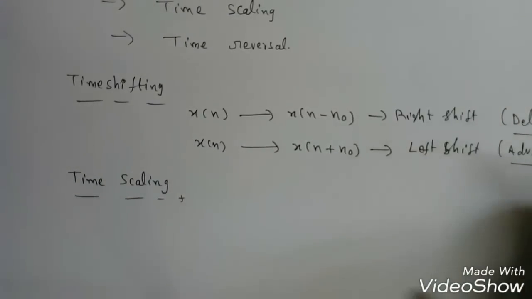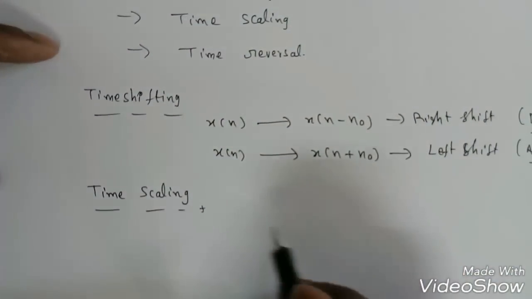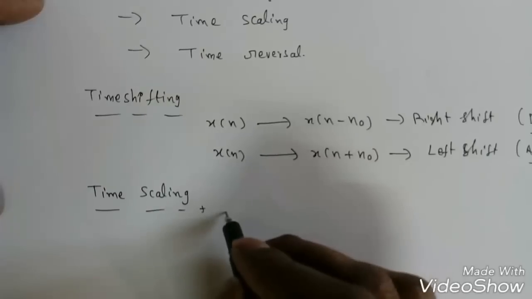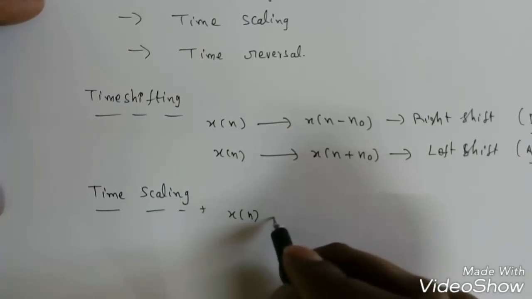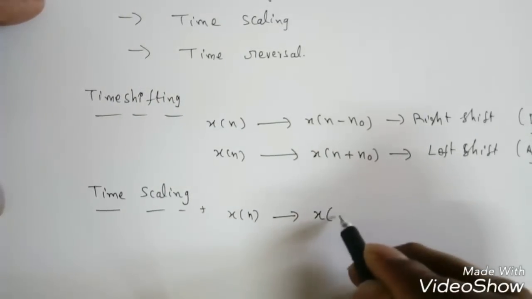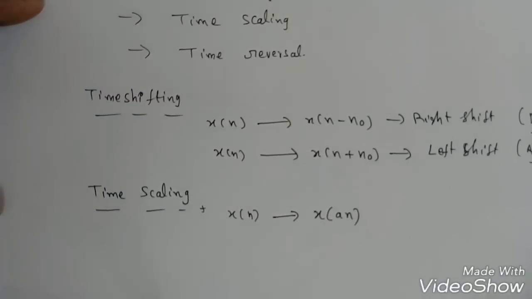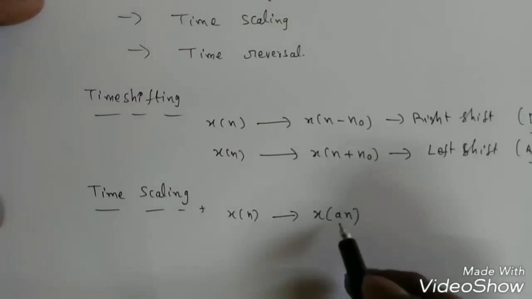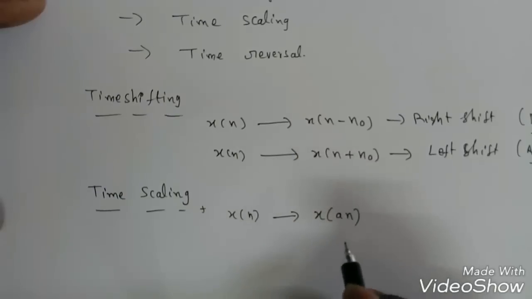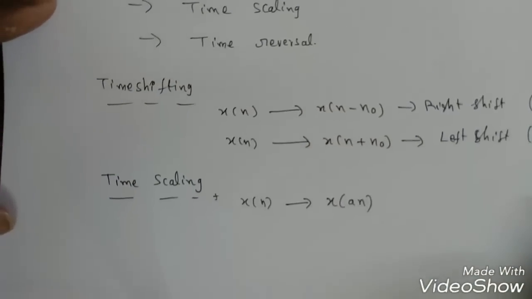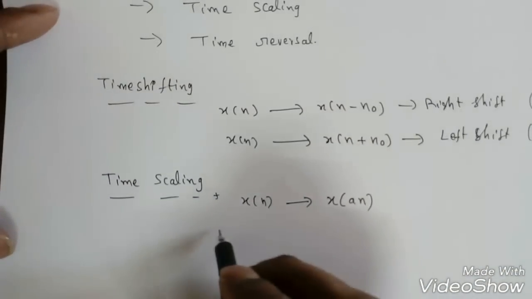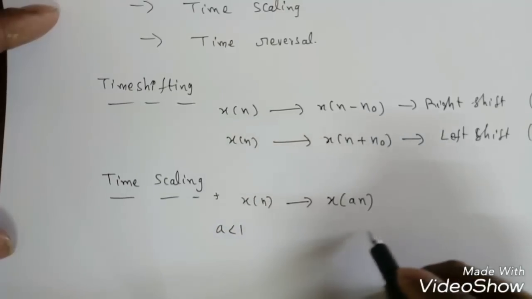Next we will see time scaling in discrete time sequences. The notation is: x of n is there, then scaling means x of an, right? Depending on a, we will get an expanded or compressed version. If a is less than 1, we will get an expanded version of x of n.